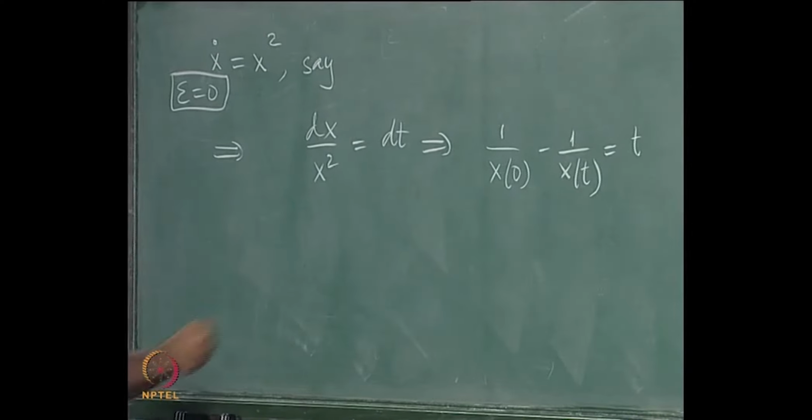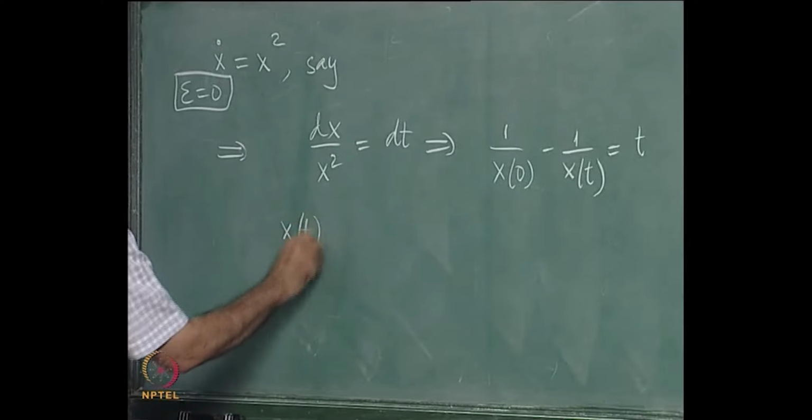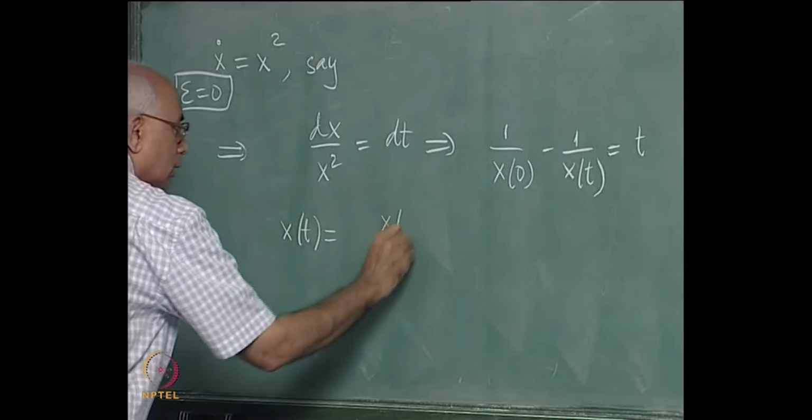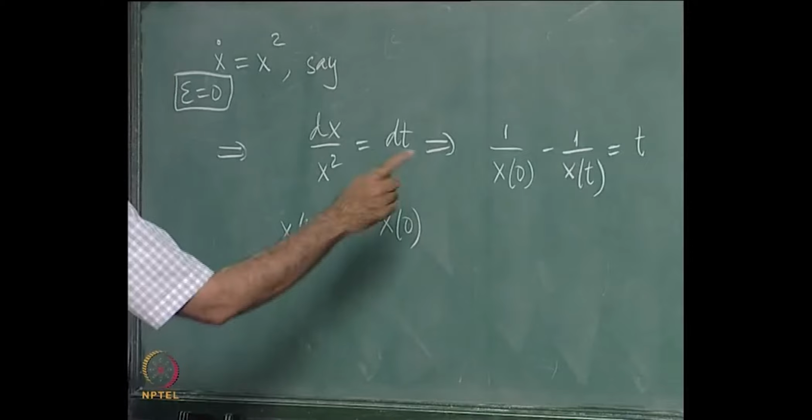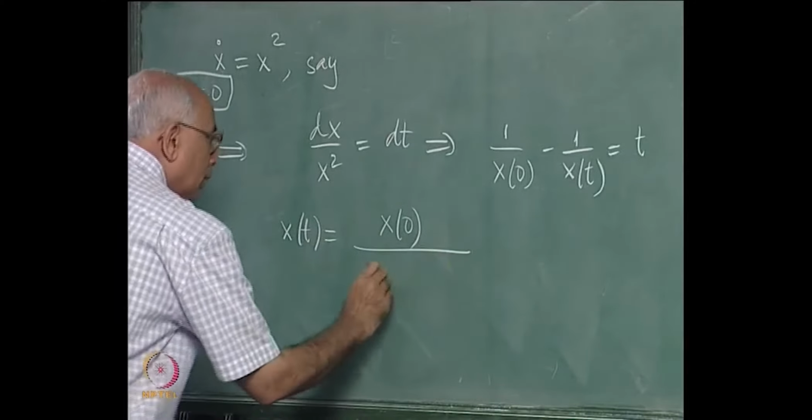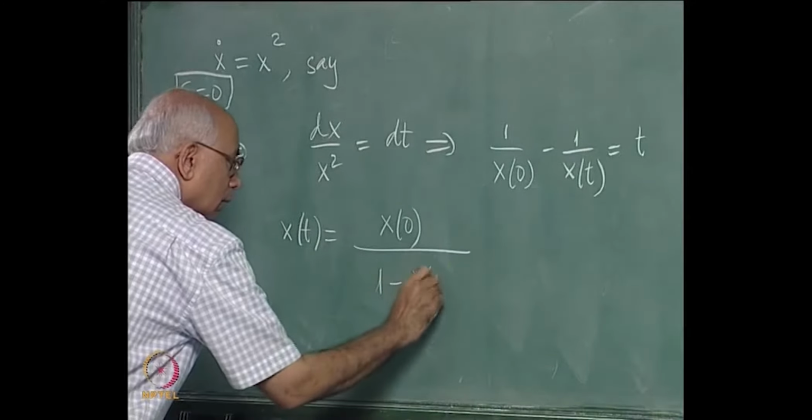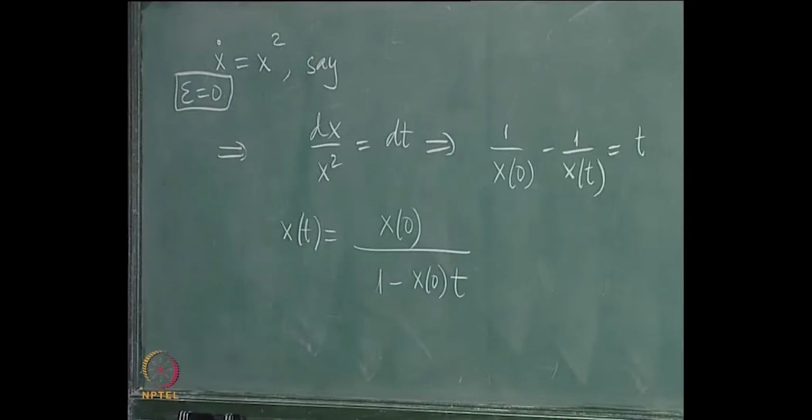And therefore x of t is equal to x of 0, divided by 1 minus x of 0 times t. I think that is right.